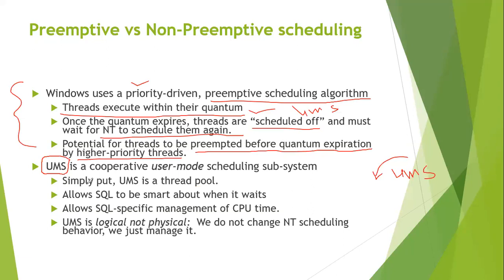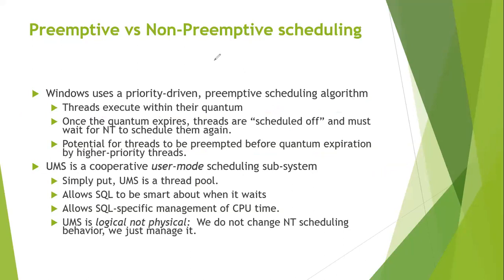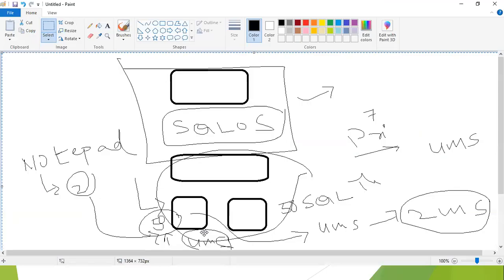So what it is saying is, I will schedule my own threads rather than allowing Windows to schedule the threads, right? The main design goal of UMS is to be smart about when it pays. Okay, let me show you here.